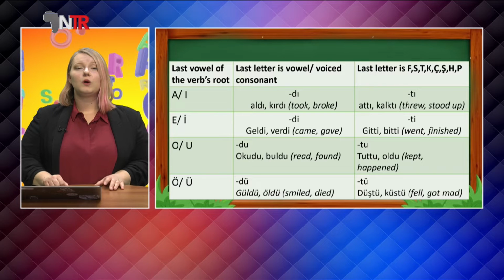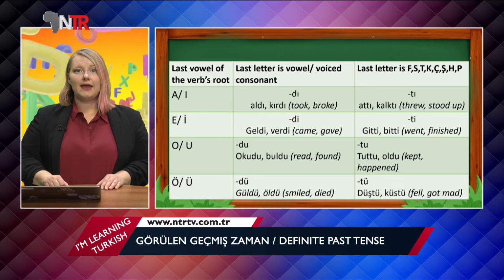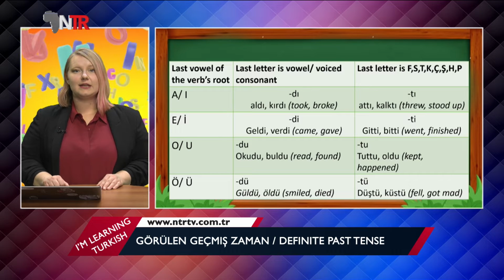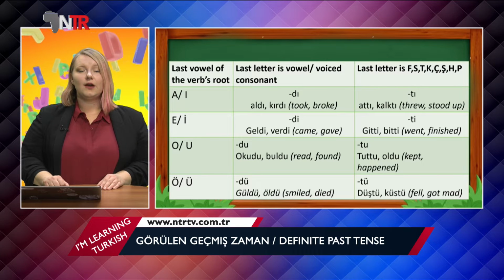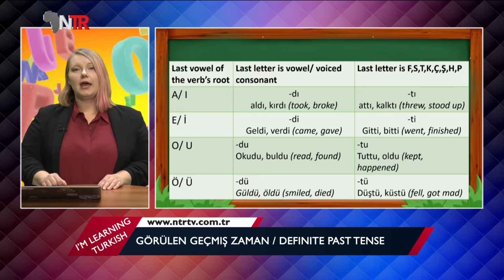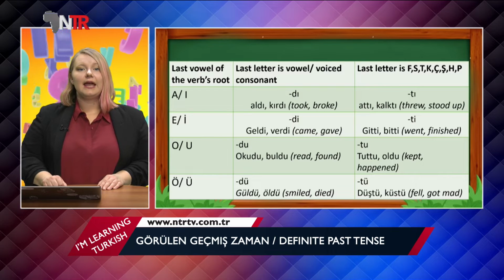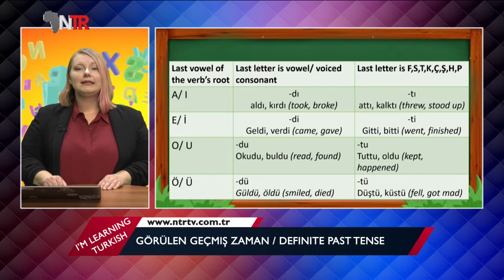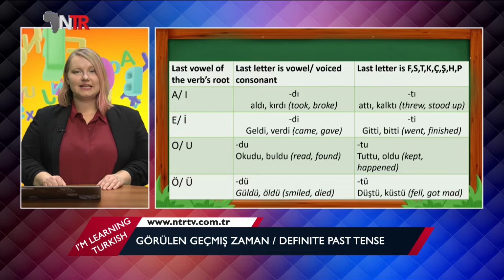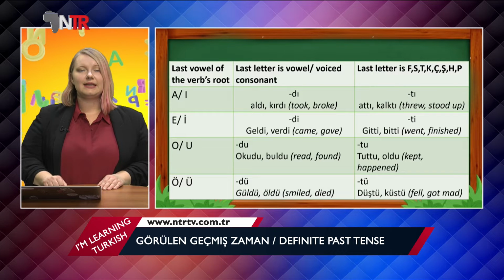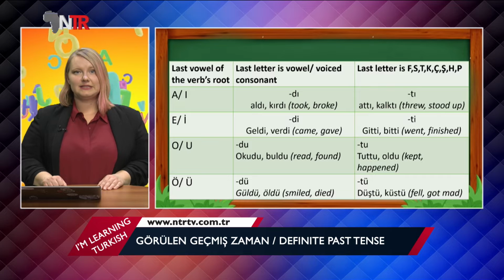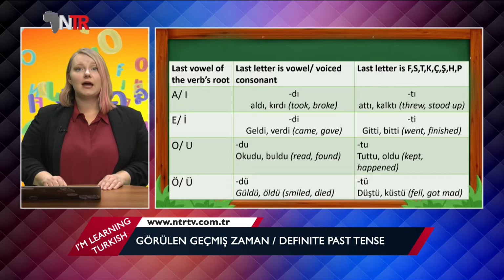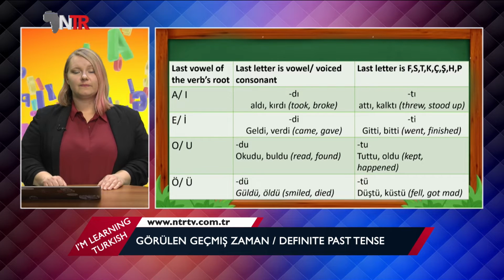If the last vowel of the verb's root is e or i, we are adding either di or ti, as with the words geldi, verdi, gitti, bitti. As we see in gitti, bitti, we have voiceless consonants at the end of the roots.